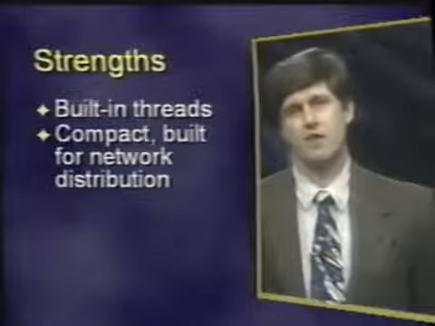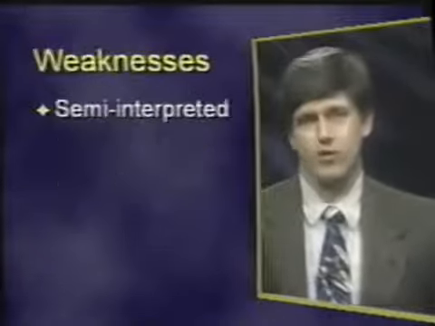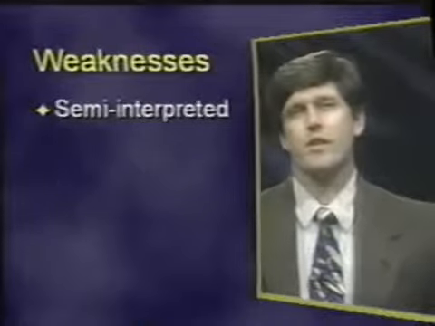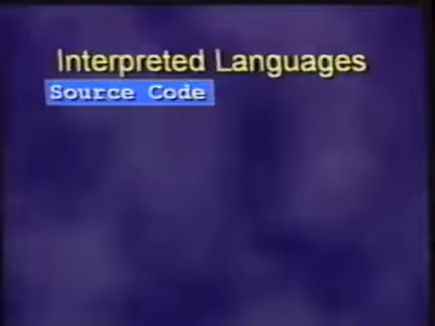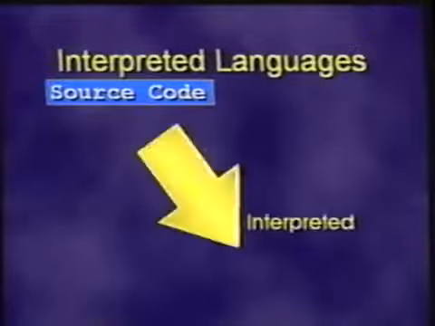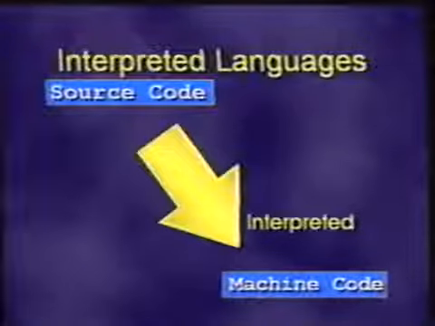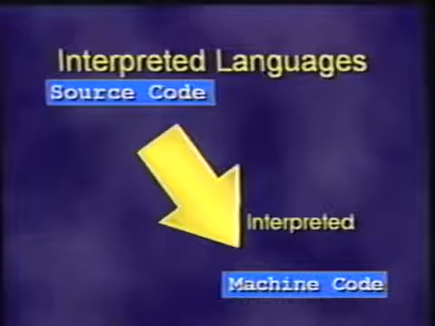Some of the weaknesses of Java, first of all, it's semi-interpreted. By interpreted, I mean the language is interpreted from a source code, which is very similar to English or human readable, into machine code, which any physical CPU, such as a Pentium, needs to read to execute code.